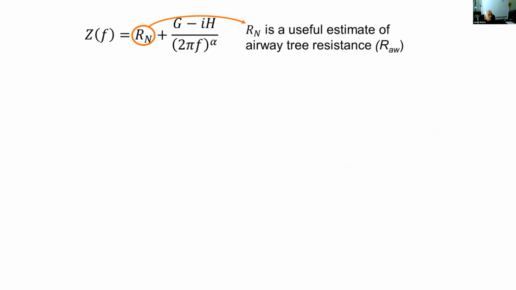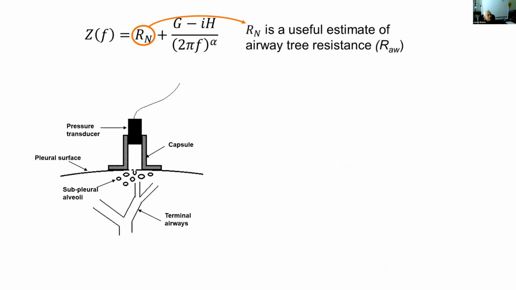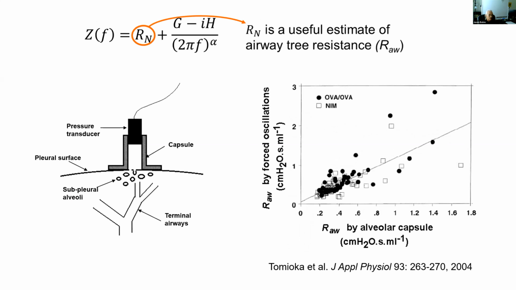Now, it turns out that that resistance parameter is a useful estimate of the airway resistance, of the resistance of the airway tree. And we know that from experiments that have been done using alveolar capsules, where you measure pressure directly on the surface of the lung, looking down at subpleural alveoli, from which you can calculate airway resistance directly.